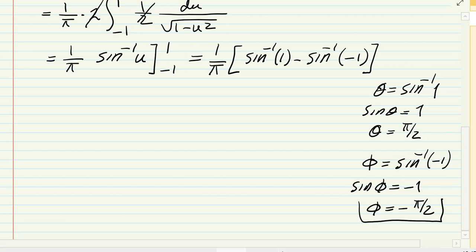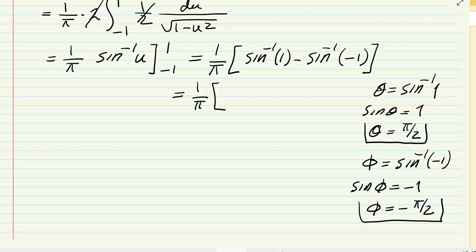Now, the reason we don't choose phi to be, for example, 3 pi over 2 is because the range of arcsine is between negative pi over 2 and pi over 2. Okay, let's plug these in. I'm going to have 1 over pi times arcsine of 1, which we just showed is pi over 2, minus negative pi over 2.